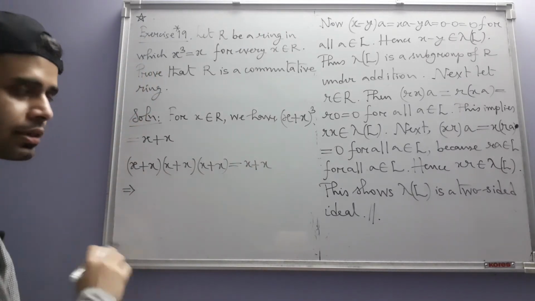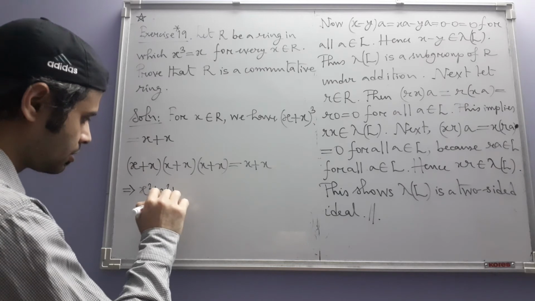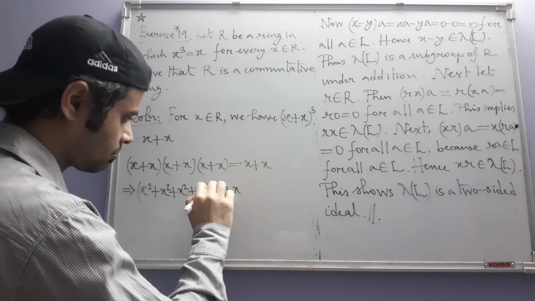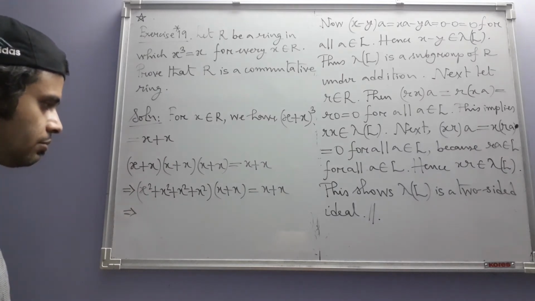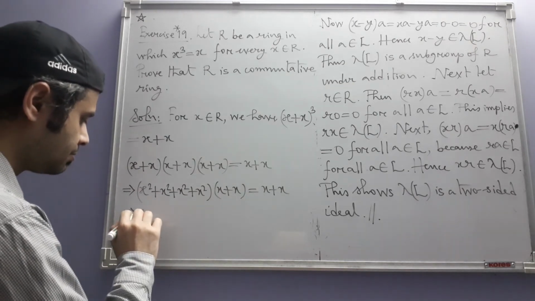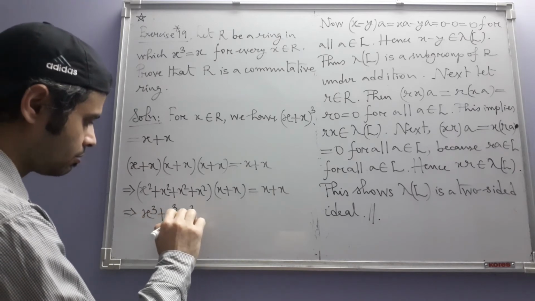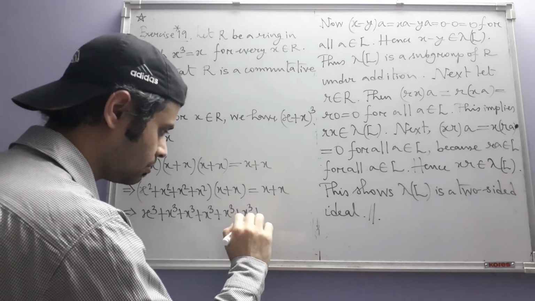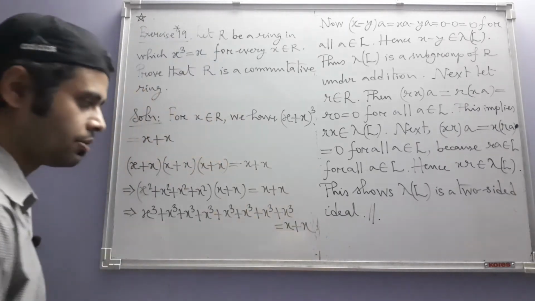So if we multiply the terms out, we get x square plus x square, okay. So then after that again if we multiply, what do we get? x cube plus x cube plus again x cube plus x cube plus x cube plus x cube equal to x plus x.